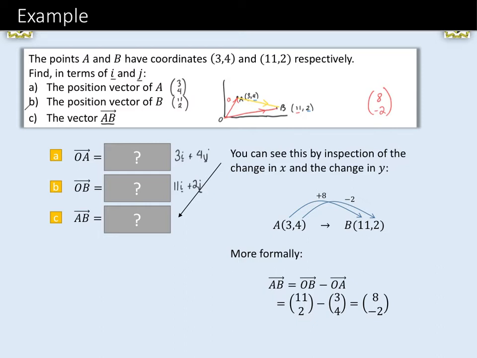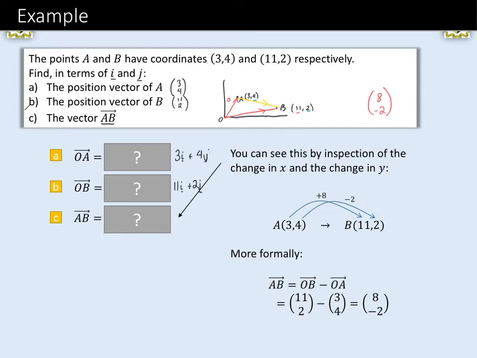So if I want to go from A to B, I could follow this vector here, but let's pretend that I don't know what this is for a moment. We can see that another way to do that would be to go back to the origin and then to B.